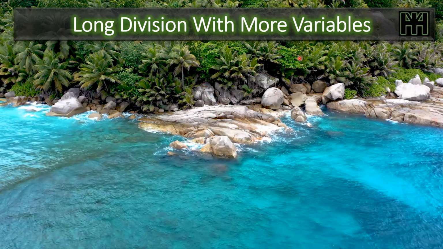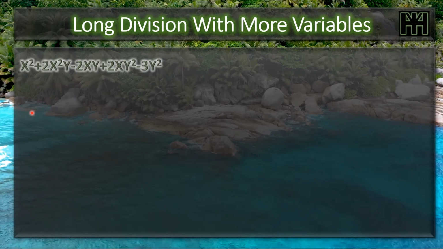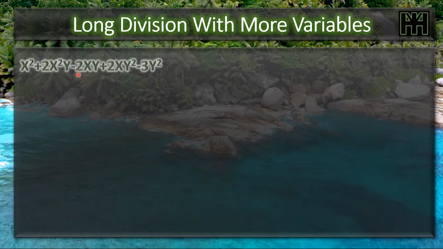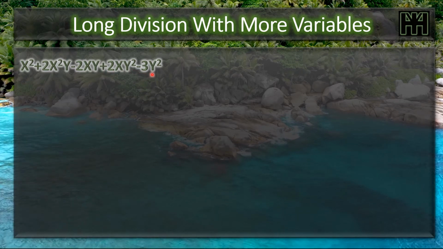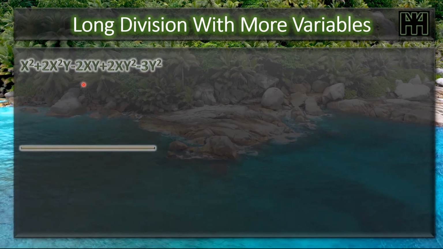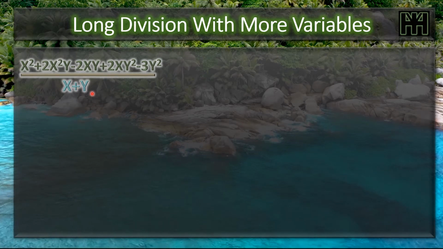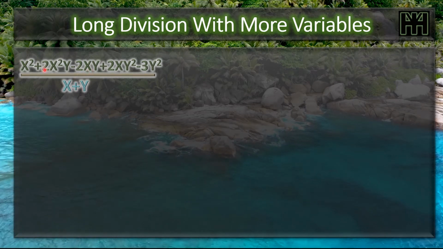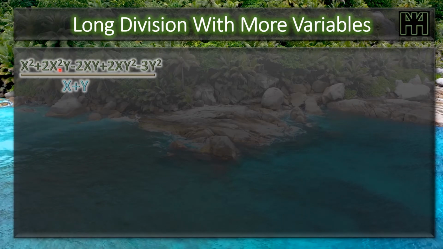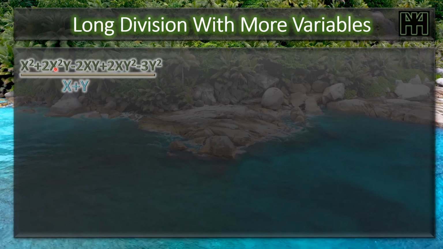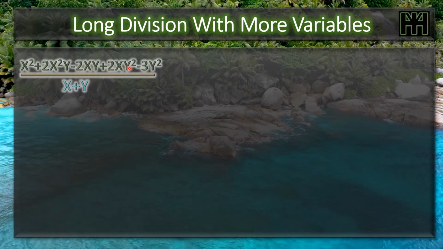Long division with more variables. Let's say we have x^2 + 2x^2y - 2xy + 2xy^2 - 3y^2 over x + y. In this case, we must organize them to be in the standard form. In the case of two variables, we put the x^2 first, then 2x^2y, then 2xy^2.